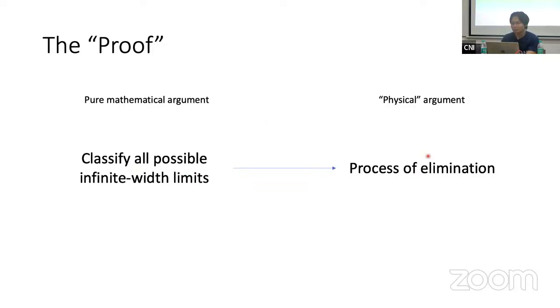Then we go through a process of elimination to see which ones can ever correspond to parameterizations that have these two properties of hyperparameter stability and larger-is-better. This is a quote-unquote physical argument, not because we need to use physics, but because we need to use our intuition of what works and what doesn't work in practice. Back to this later.